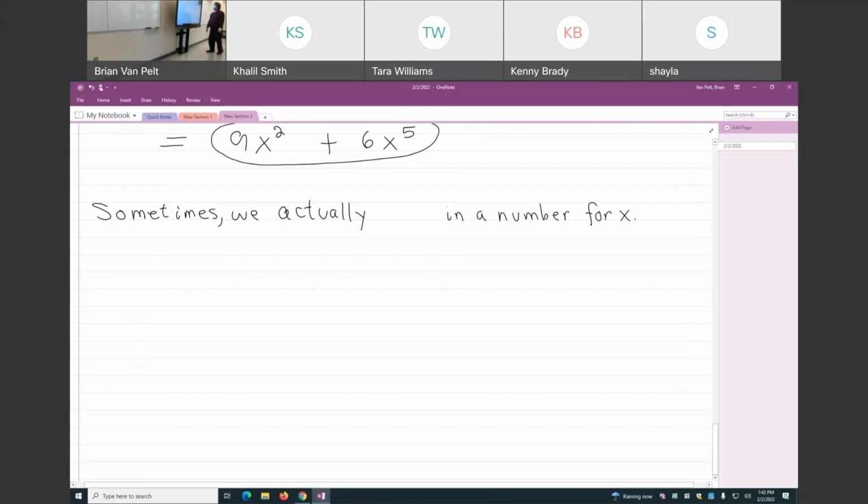I want to use a mathematical term instead of put. That's not very mathematical. Substitute. Remember that term? Plug in the number means substitute it, doesn't it? So we call it substitute.